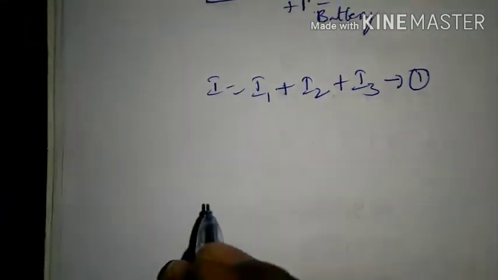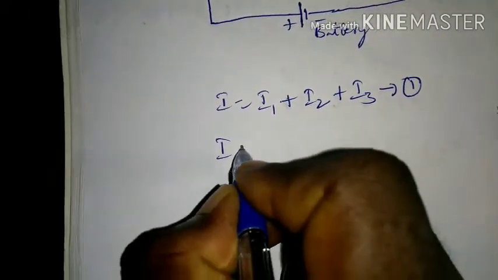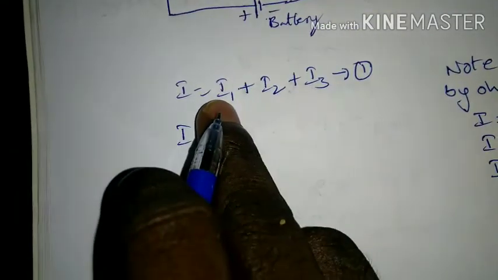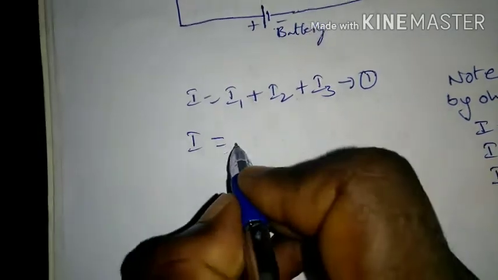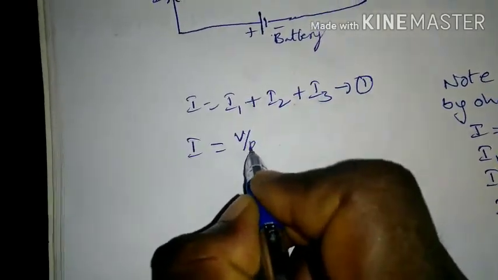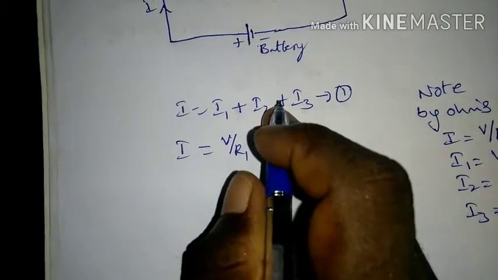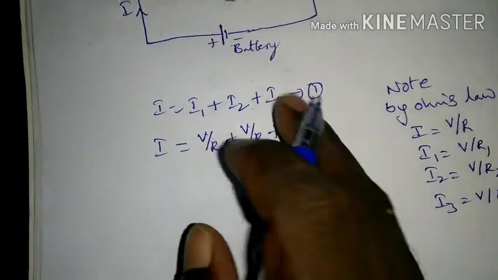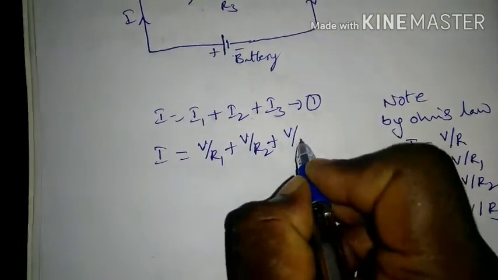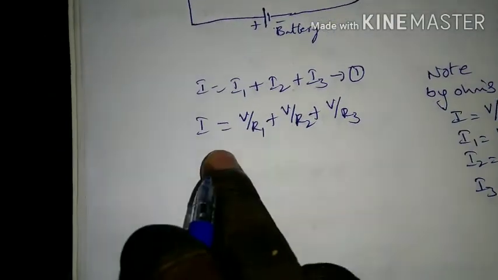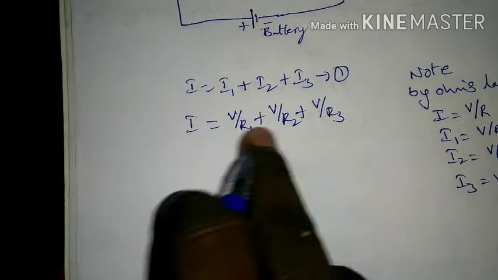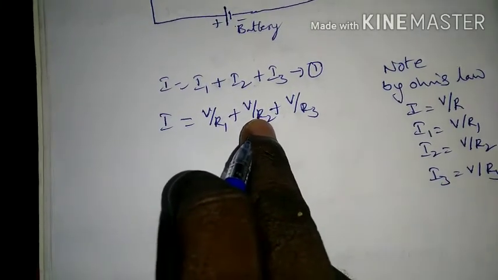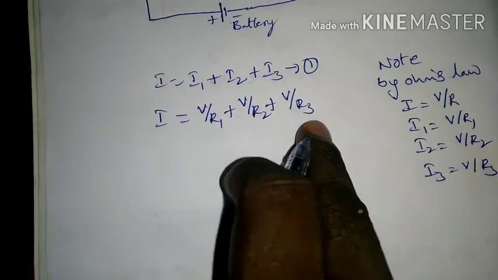From equation 1, applying Ohm's law, I is equal to V by R1 plus V by R2 plus V by R3.